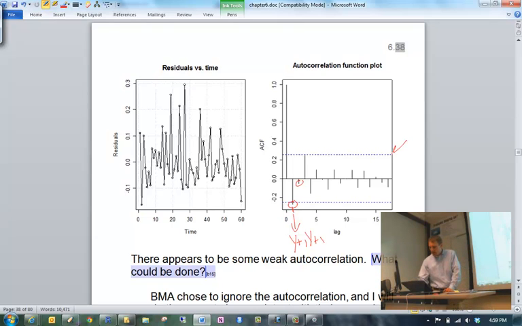These dotted lines are drawn so that if an autocorrelation is inside these bounds, it's what you would expect if the true population correlation was actually equal to 0. If you have an autocorrelation that ends up being outside those bounds, it says, uh-oh, now you might have a true autocorrelation that's not equal to 0.